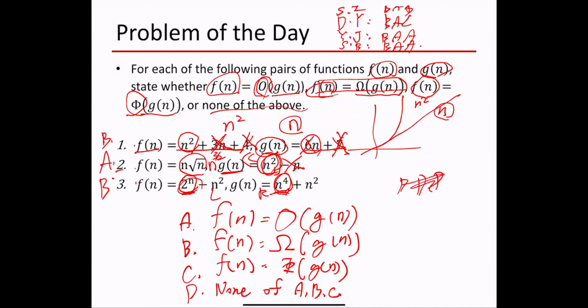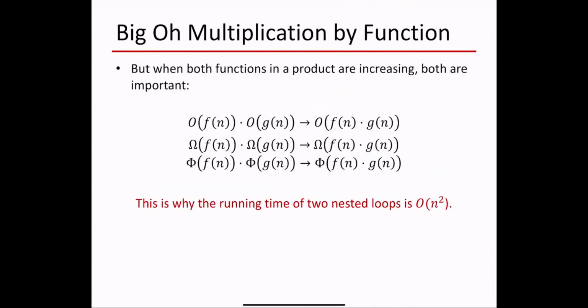Okay, so big O multiplication by a function. When both functions in a product are increasing, both are important. For example, big O of f of n multiplied by big O of g of n, then we can say big O of f of n times g of n. Omega multiplied, and we can say omega of it.